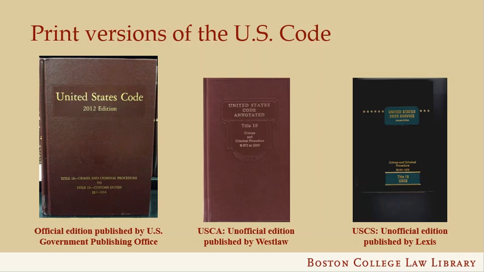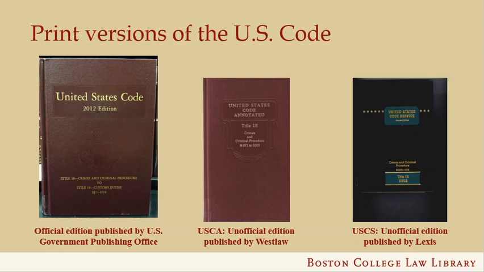The first one pictured here is the official United States Code. A new edition is published every 6 years, and it's updated yearly with interim supplements. It is available online through govinfo.gov, the electronic publishing platform of the Government Publications Office. The second one pictured is the United States Code Annotated. It's published by Thomson Reuters Westlaw and is available electronically on Westlaw.